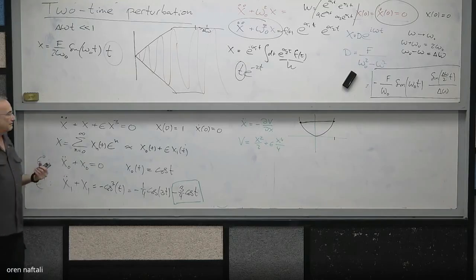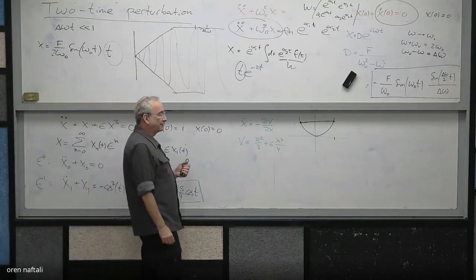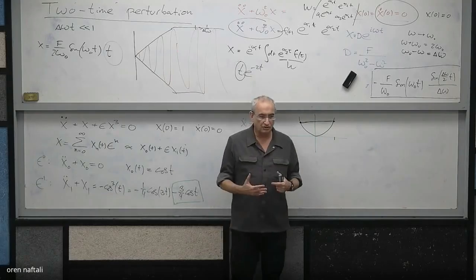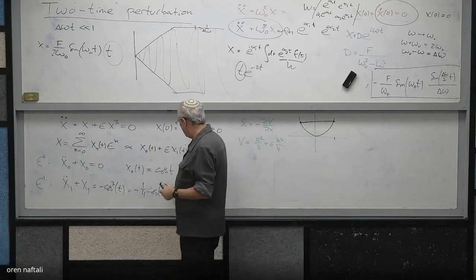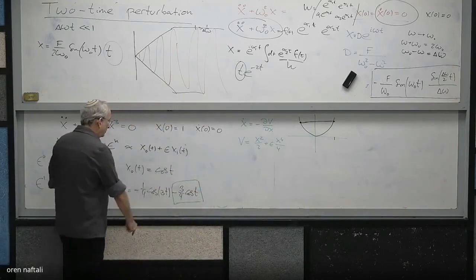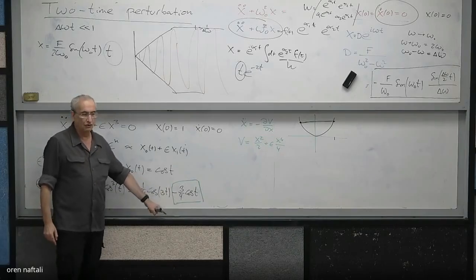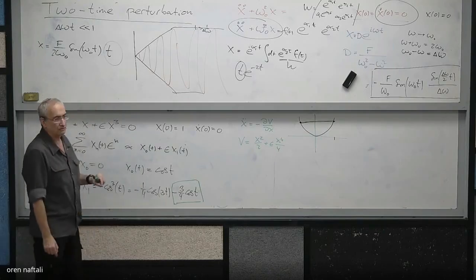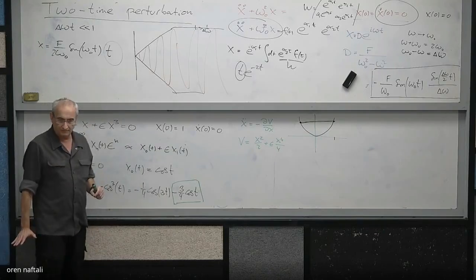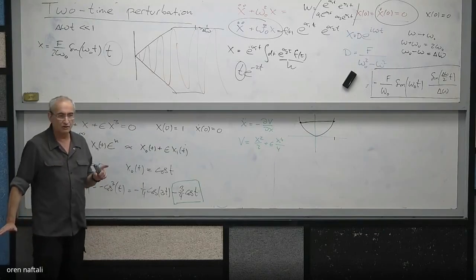Okay, so we have to develop a different approach that will guarantee that we will not encounter such terms. This is the goal of the two-time perturbation theory. Okay? Any questions?